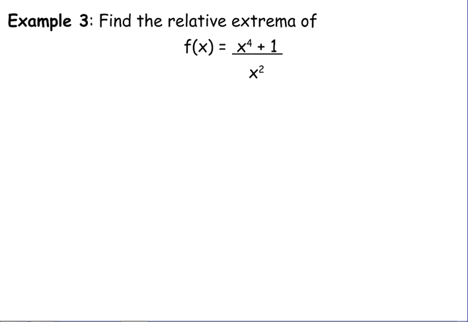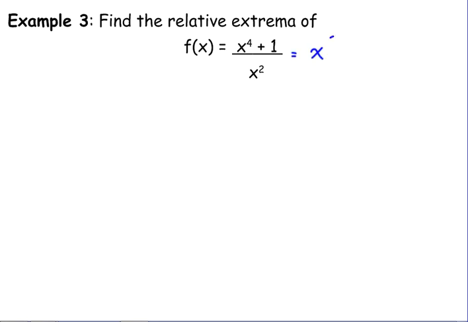Now, when we're talking about taking the derivative of this function right here, if I was just taking the derivative, I would simplify this algebraically first to turn it into more of a power rule as opposed to a quotient rule.